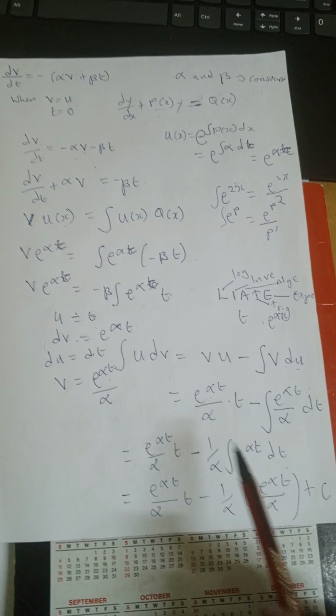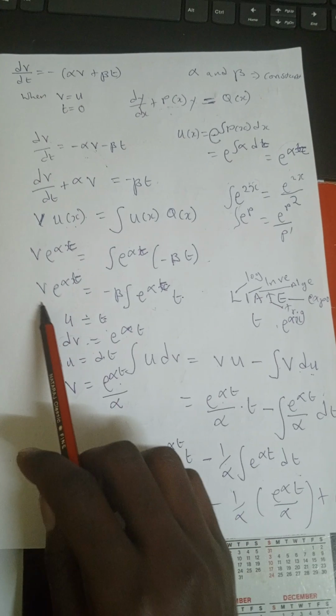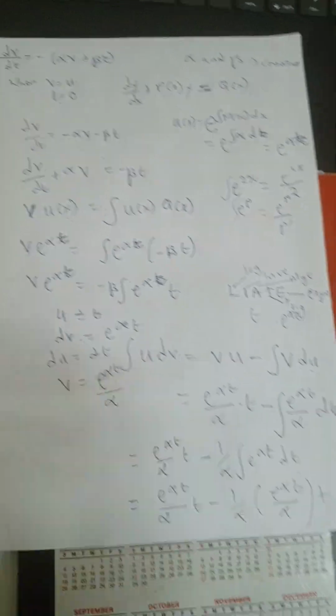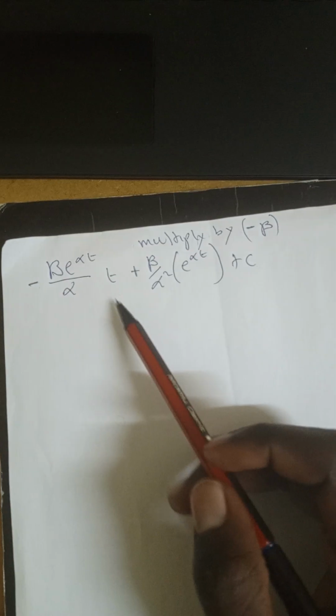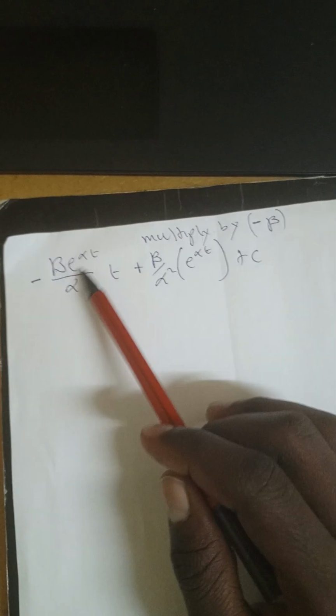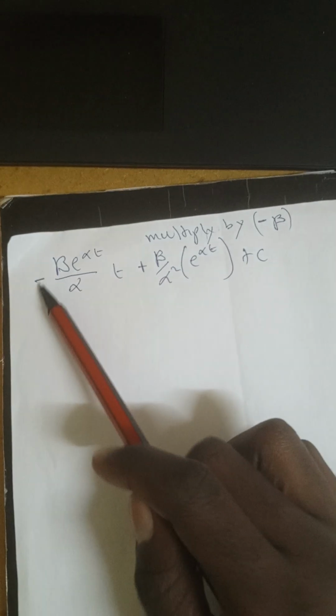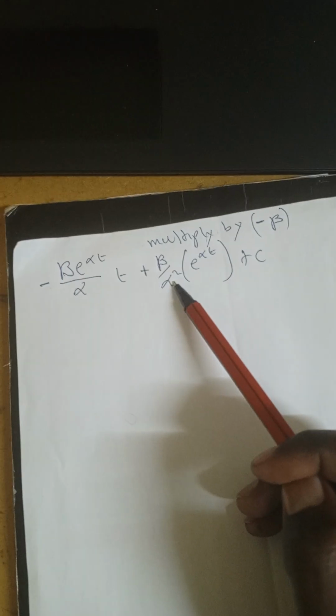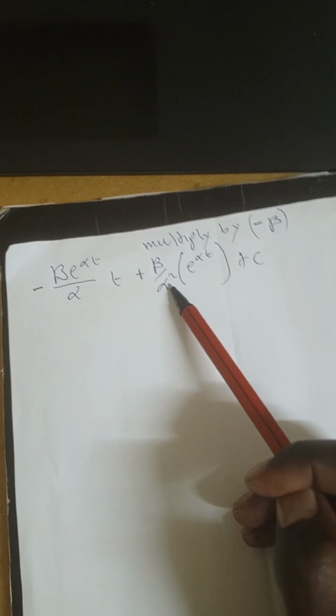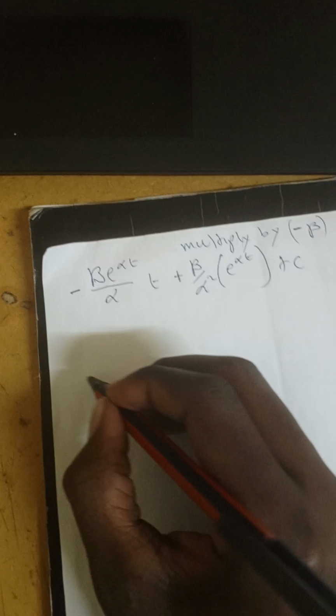As our final equation, which we are going to equate to v exponent alpha t. After multiplying by negative beta, this is how our final equation turns out to be. So we have to equate this to v exponent alpha t.